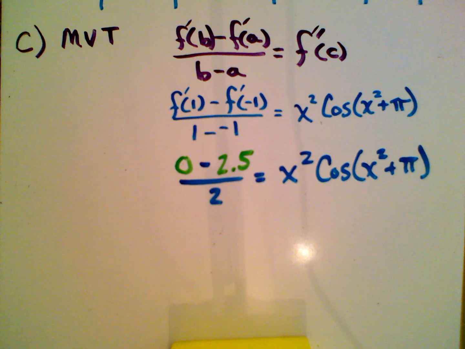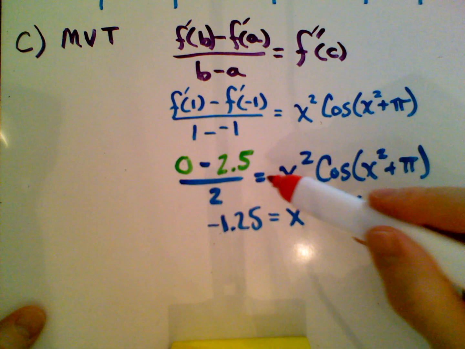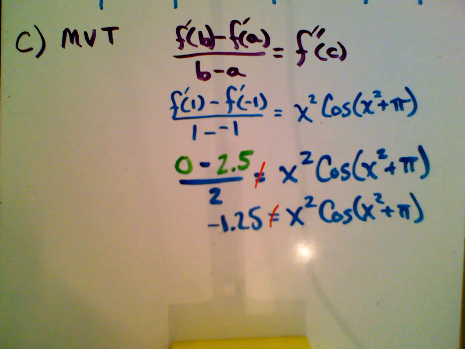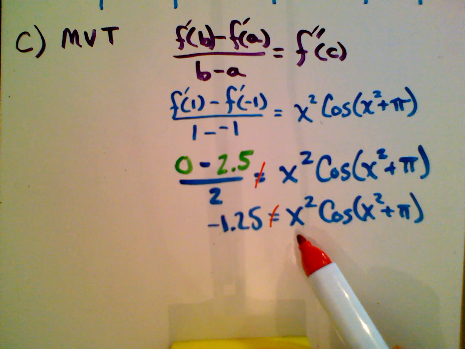Well, if we just do a little bit of math here, theoretically we're saying that it can't be equal to 2.5, so those can't be equal to each other, which is quite true, and there are 2 ways of knowing this. 1, if x is between negative 1 and 1, the biggest that x squared can be is a positive 1. Any other number than negative 1 or 1 going into this is going to make it smaller than 1.